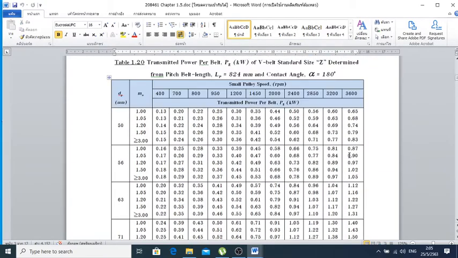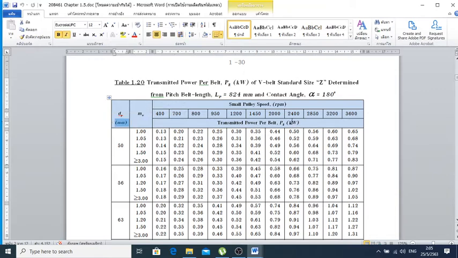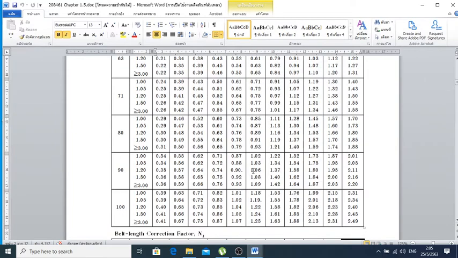Let's see what we've got there. We use D sub P and the small pulley speed to determine P sub R respectively.